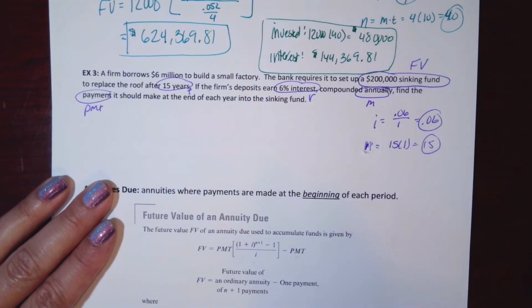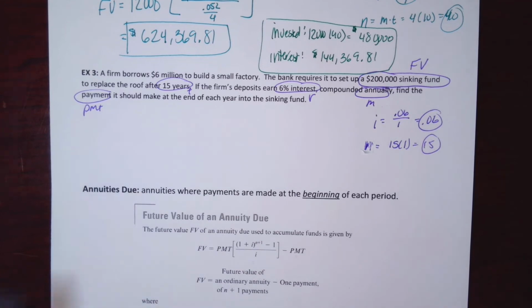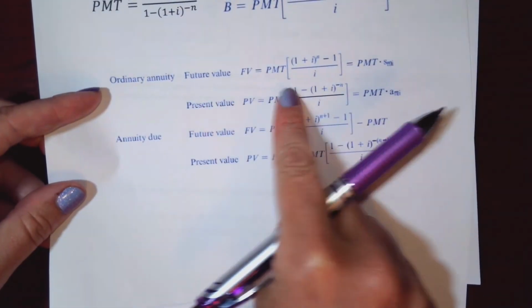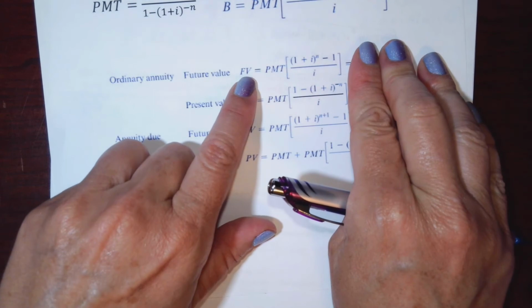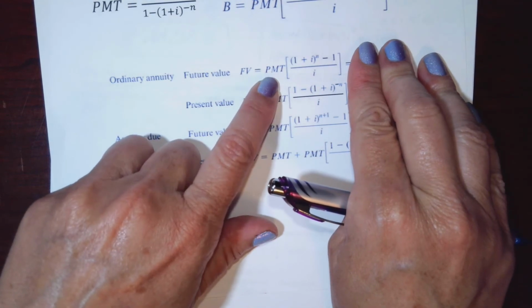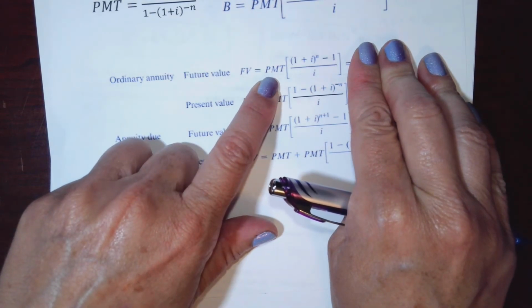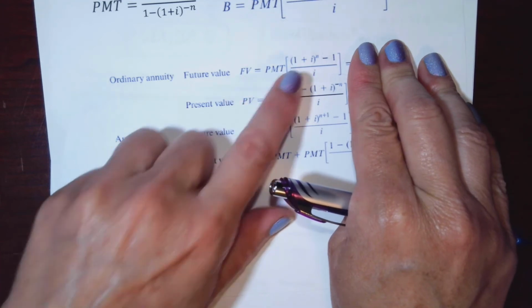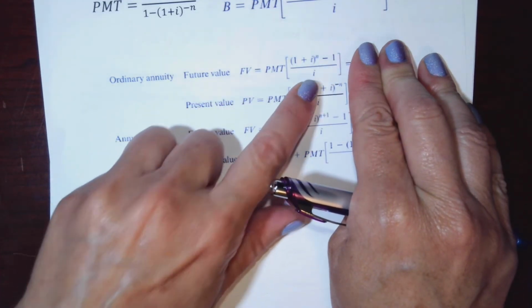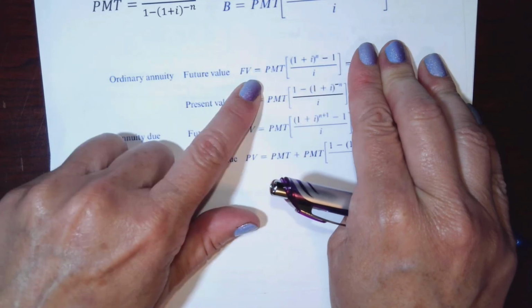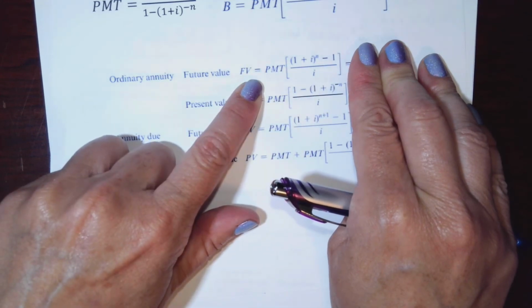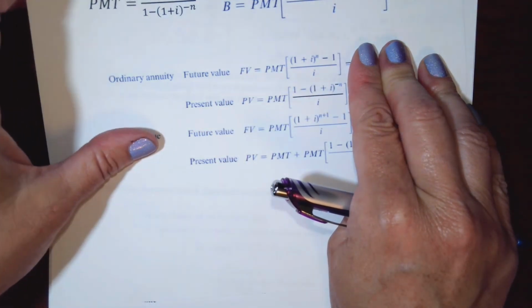So I'm using my ordinary annuity future value formula. It's just that what I know is the future value. What I'm solving for is going to be the payment. So what I'm going to end up needing to do is divide the future value by all of this. So I could go ahead and move that over there and set it up, or I could set it up differently and move it at the end.